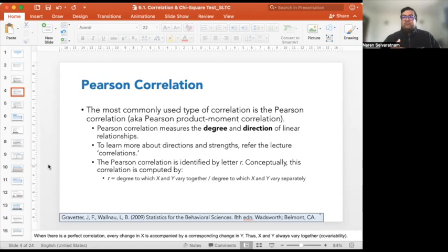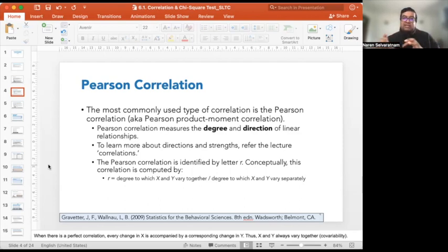And one of the common things they might say is that, look, you can use SPSS, use Excel, you don't need to learn these things manually. So I am not going to teach you how to do these things manually, but I want to show you the exact process so that you would have a better understanding about what is Pearson correlation, what is Spearman correlation, how these things change.